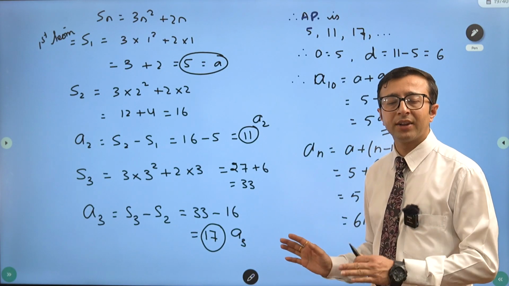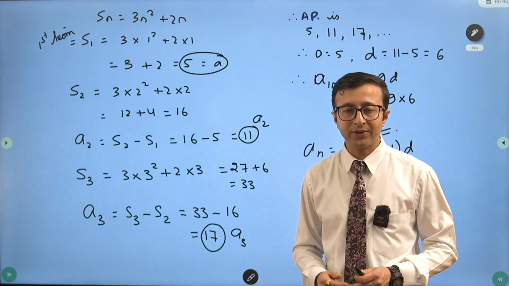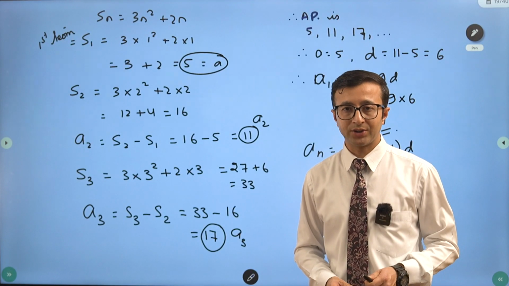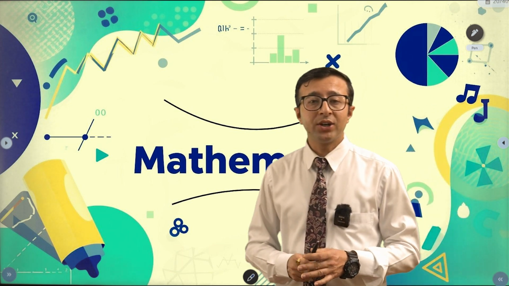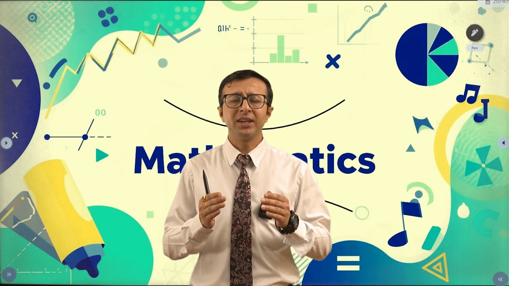So all the problems that we solved in this video, in this class, are previous year questions. Now, whenever you solve problems from AP, you have to check whether the first term and common difference are given to us or not. Once we have the values of A and D, we can find any value in an AP.